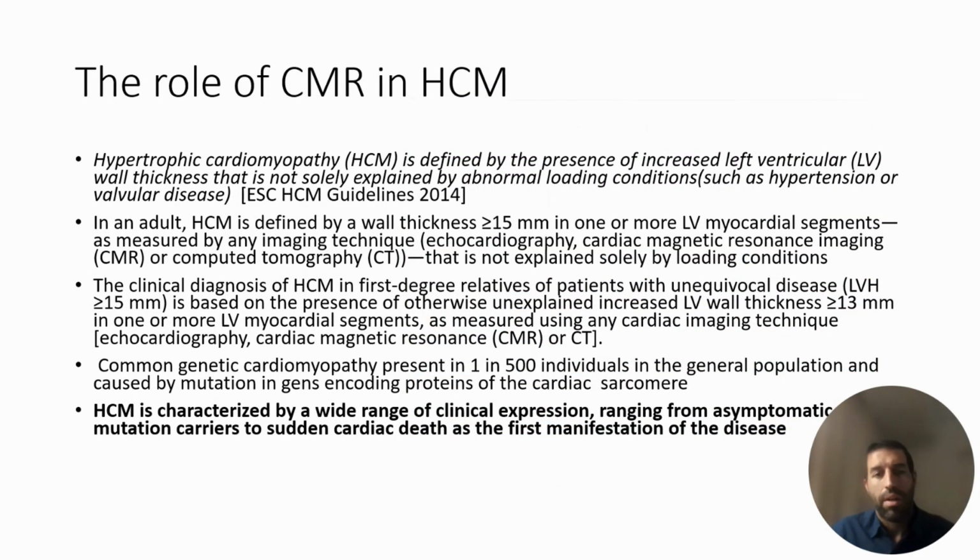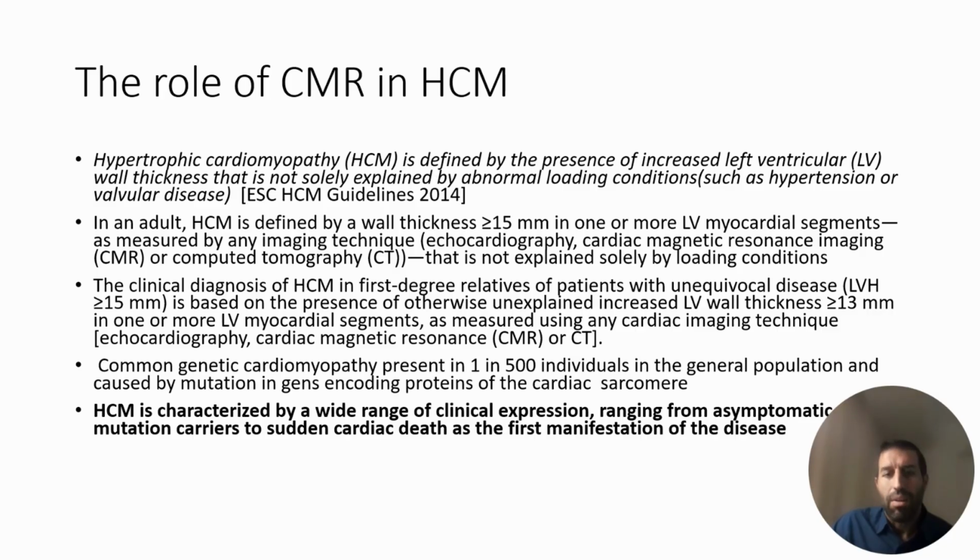The role of CMR in hypertrophic cardiomyopathy. Hypertrophic cardiomyopathy is defined by the presence of increased left ventricular wall thickness that is not solely explained by abnormal loading conditions, such as hypertension or valvular disease. In an adult, hypertrophic cardiomyopathy is defined by a wall thickness more or equal to 15 millimeters in one or more LV myocardial segments as measured by any imaging technique, echocardiography, cardiac MRI, or CT, that is not explained solely by loading conditions.